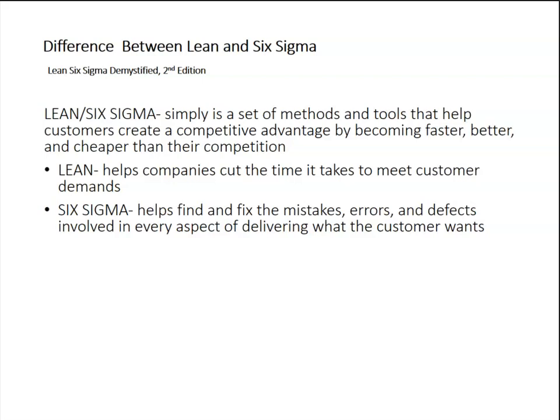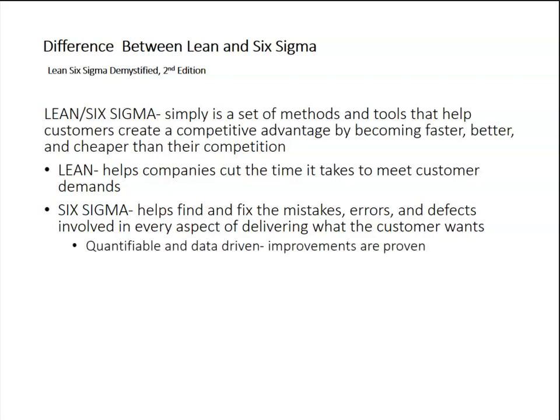It takes a dedicated mindset in order to maintain a Lean Six Sigma mentality in your workplace. But once you do that, and once you're steeped in that, yes, we might have hiccups along the way, but everybody is following the same methodology in order to find defects, errors, and mistakes.